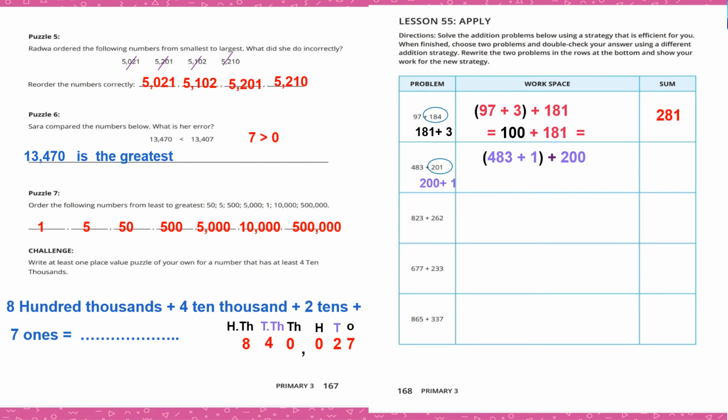We have brackets, so you should solve them first. After 483, 484 plus 200, you can solve it here mentally. It's so easy. Ones with ones, tens with tens, hundreds with hundreds. 4 plus 0, 4. 8 plus 0, 8. 4 plus 2, 6. So the result is 684.